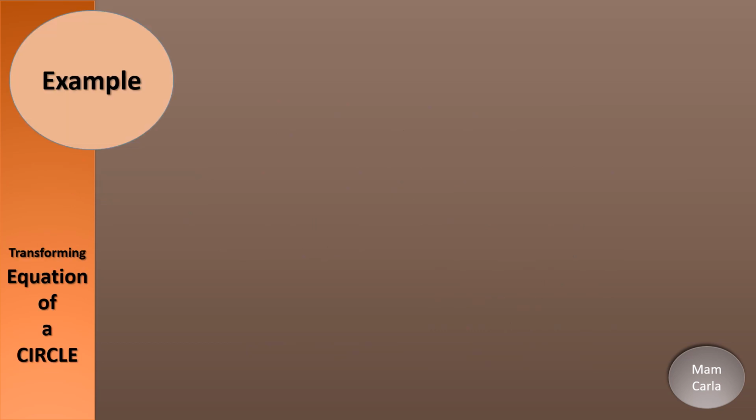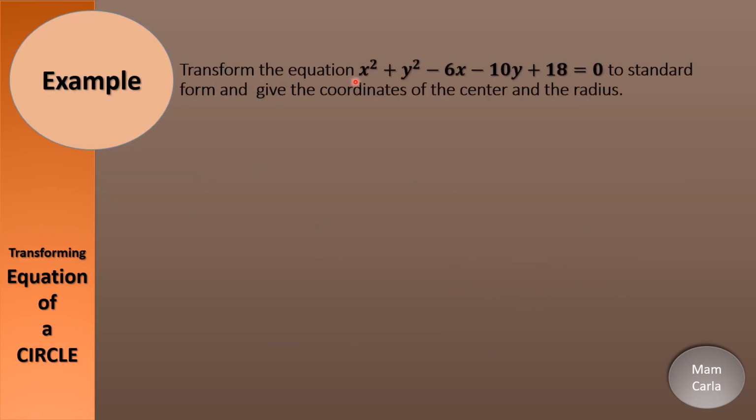Let us deal with this example. Transform the equation x² + y² - 6x - 10y + 18 = 0 to standard form and give the coordinates of the center and the radius. So for the solution, firstly, we need to transfer the constant term to the right side of the equation, and then let us put the x's and y's together.